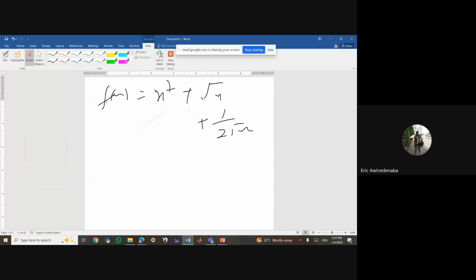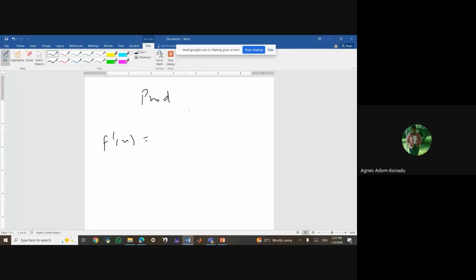Eric: F prime indicates a first derivative. So when you indicate it this way, do we need to also bring the d dx? If you indicate it this way, it means that you are differentiating.